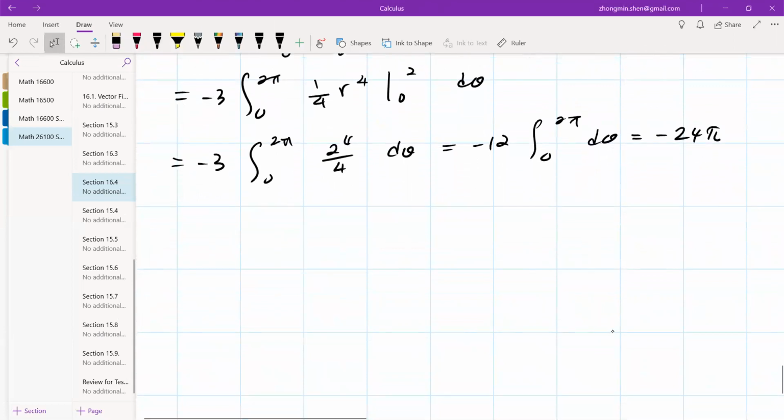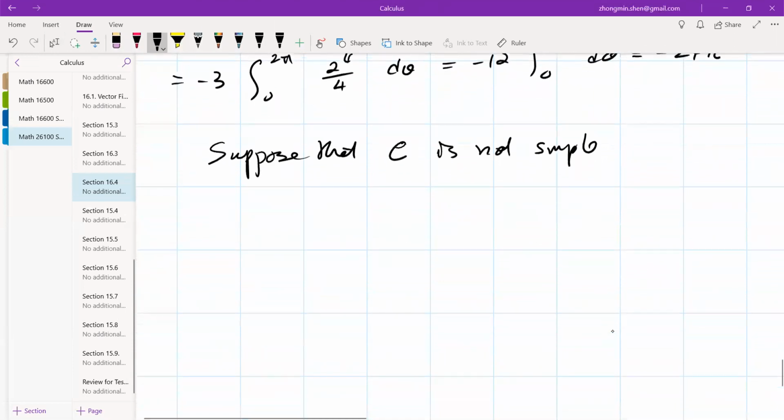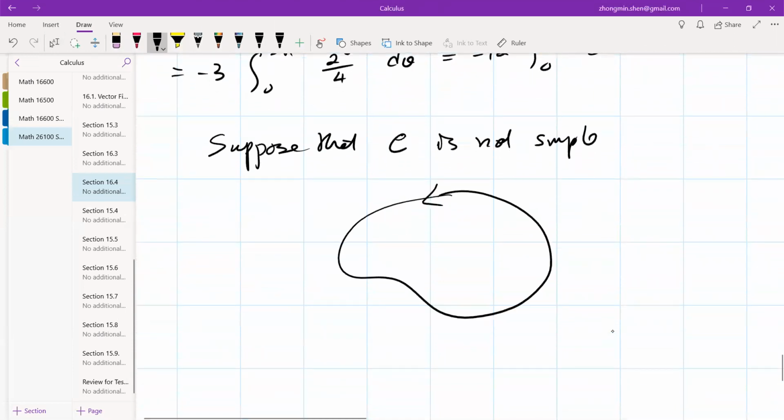Okay, suppose there is a hole. Suppose that C is not simple, okay? Which means, for example, this is a C. It's not simple means there's a hole inside.